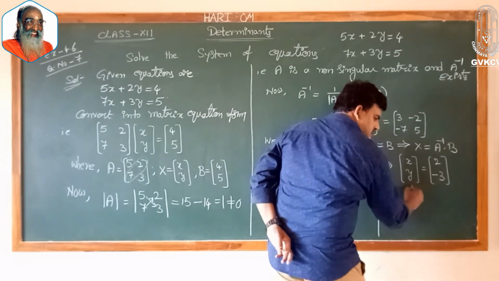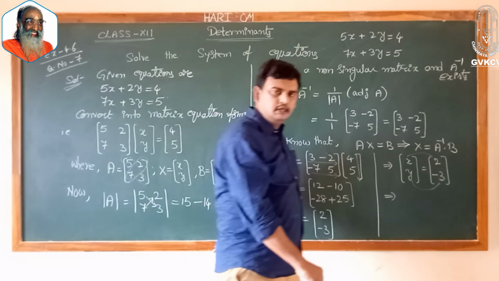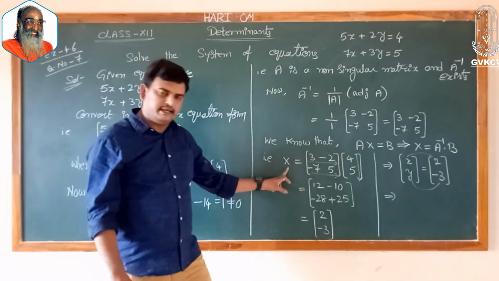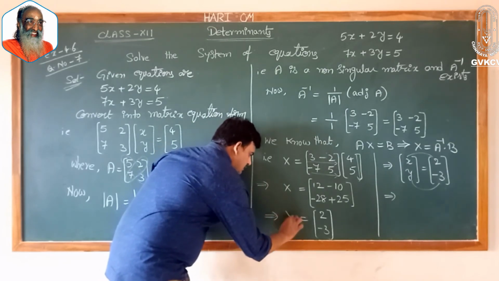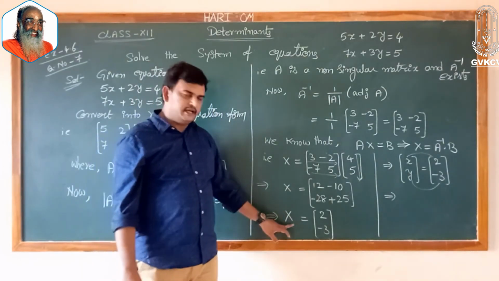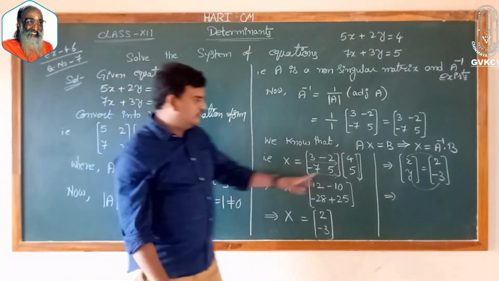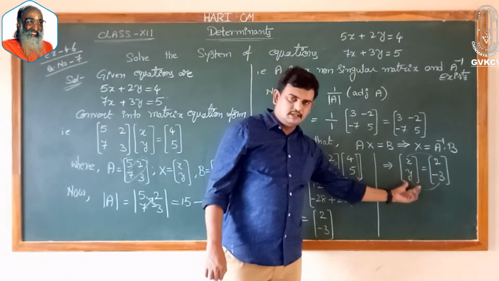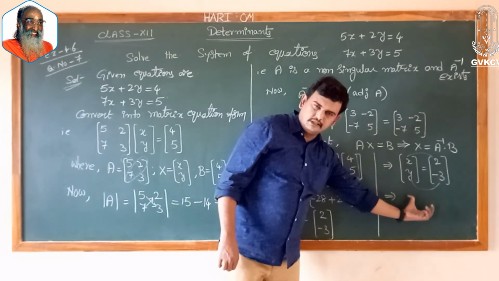When these two matrices are equal, their corresponding elements are also equal. Here we have capital X, which is a variable matrix. So we have written x, y, it is a column matrix and the other is also a column matrix. These two matrices are equal.